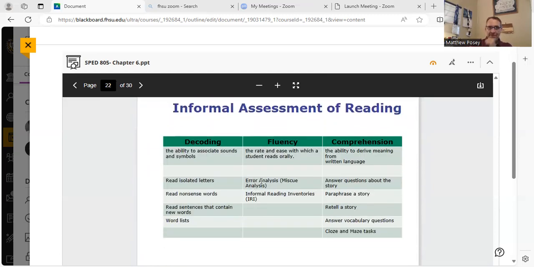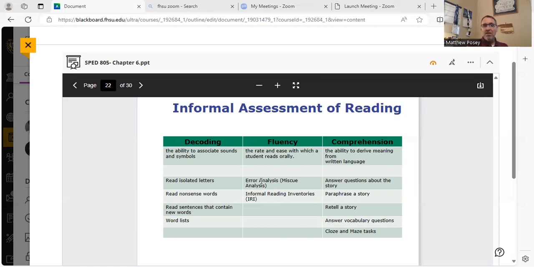If we focus on reading, what can we do for reading that's considered an informal assessment? Well, there are 3 areas to focus on. First, simple decoding. Second, assessing students' fluency, the rate at which they read orally, and analyzing the number of mistakes made in a short passage.